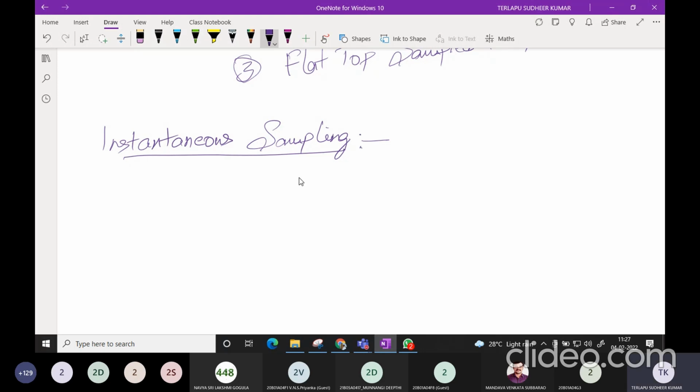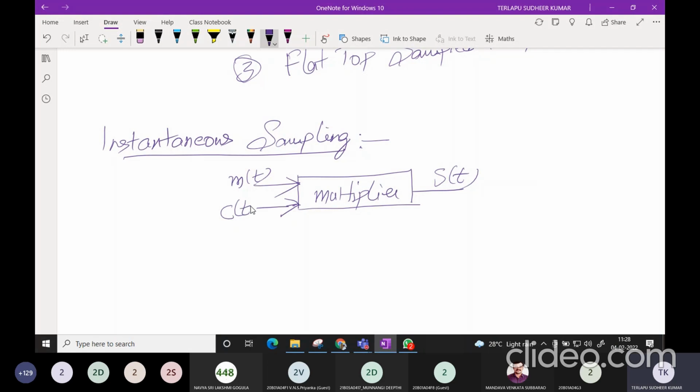So here what we do is we take a multiplier, which multiplies two input signals. Let my output signal be S of t, and I have one input signal as my M of t, and another input signal is my C of t.